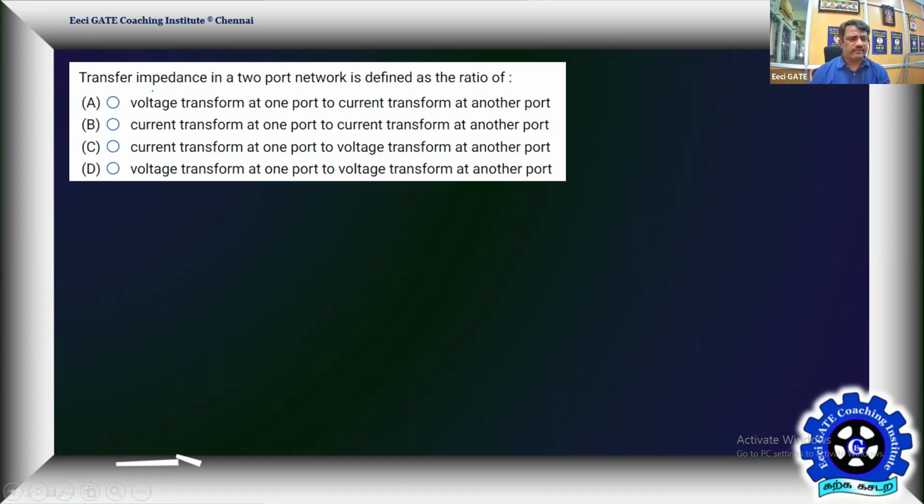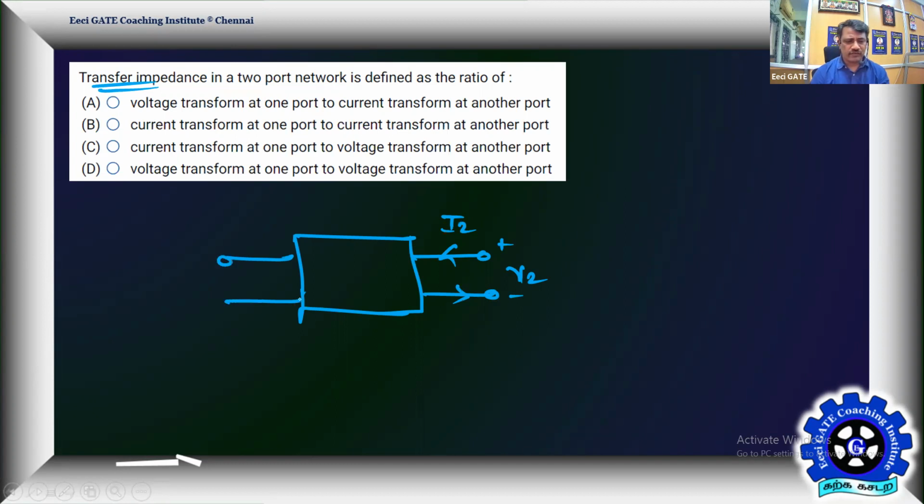Then the final one for this video: transfer impedance in a two-port network is defined as a ratio of... So what does transfer impedance mean? We have the output port voltage V2 and its current I2, and the input port voltage V1 and its current I1.